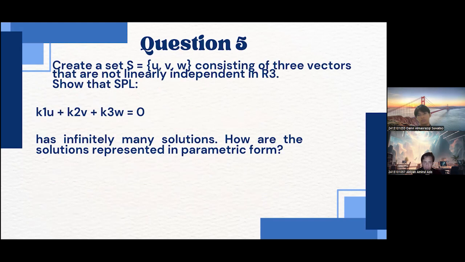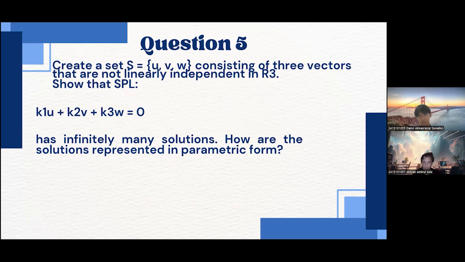And now we come to question number 5. Create a set S equal to U, V, and W consisting of three vectors that are not linearly independent in R3. Now we have the system of linear equations k1U plus k2V plus k3W equals 0 with infinitely many solutions.